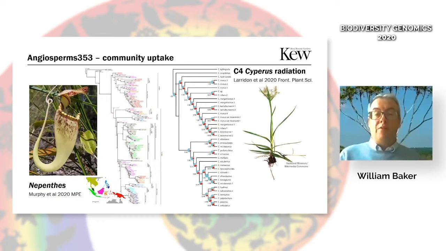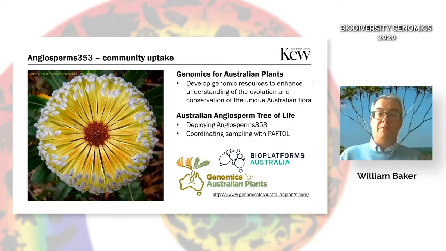For example, we've got this fantastic phylogeny of the tropical Asian pitcher plants, Nepenthes, right down to the species level, using 353. And on the right there, you can see C4 sedges, really important as ecosystem engineers in certain parts of the tropics. Difficult radiations that have been now unpicked using the Angiosperm 353 toolkit.